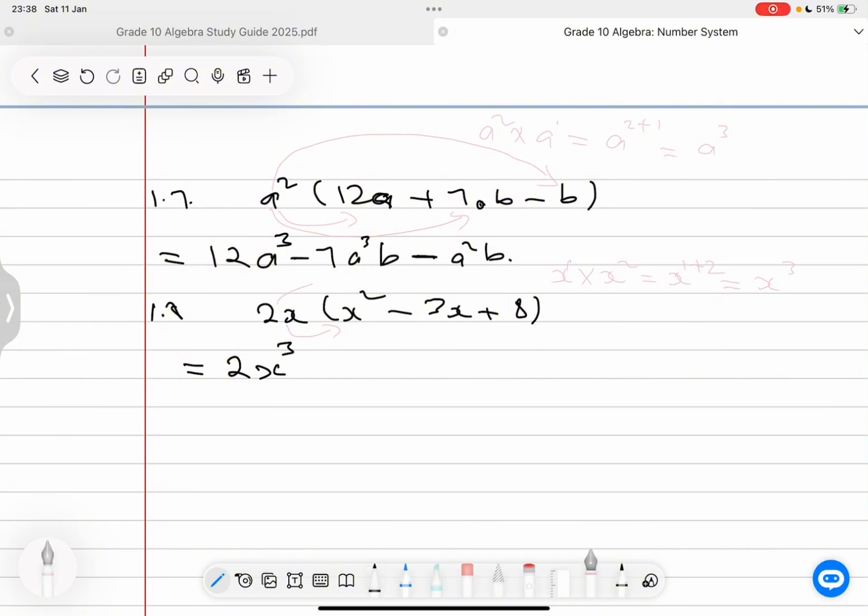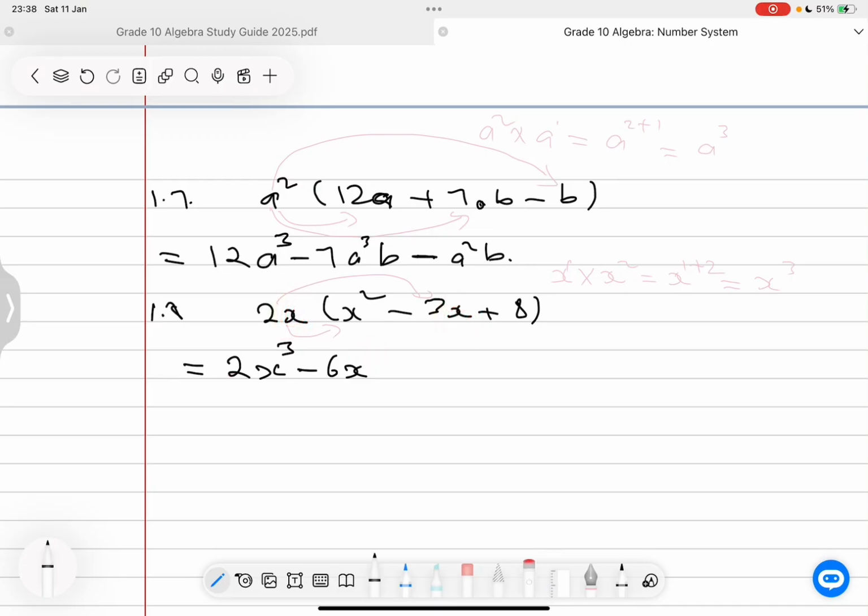And we're going to multiply this term here with a negative 3x. The 2 and the 3 will give me a negative 6, and by now we should see the pattern. The x and the x would be an x squared.